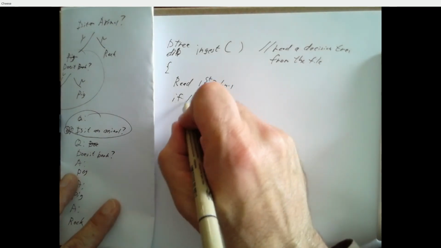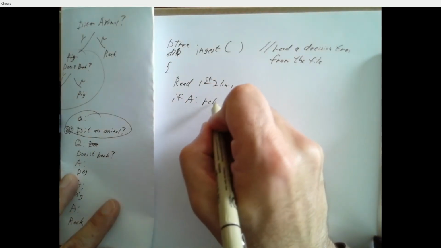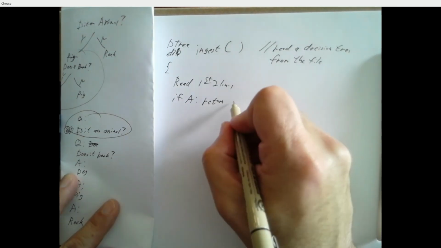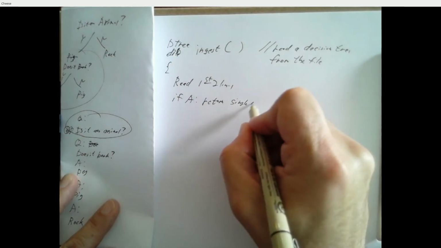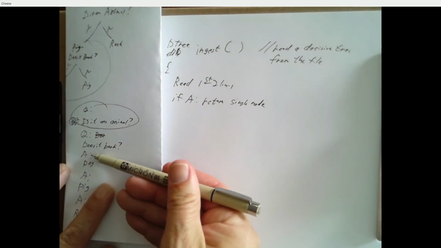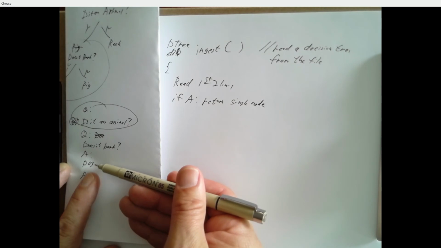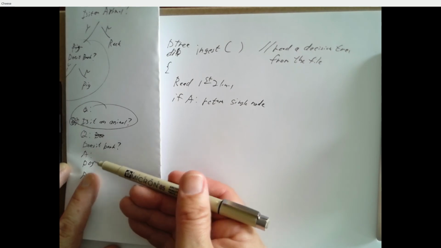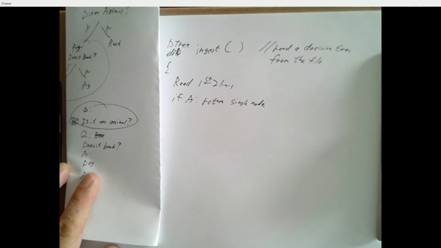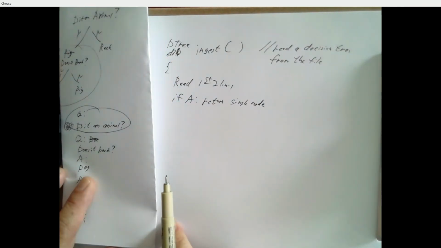If it's an answer, return a single node. So if we're at this point in our input file and we read the first 2 lines and it says a dog, dog is an answer, we're going to build a tree with a single node which is a dog, and we're going to return that as the decision tree from ingest.